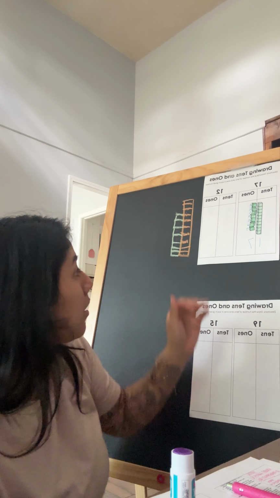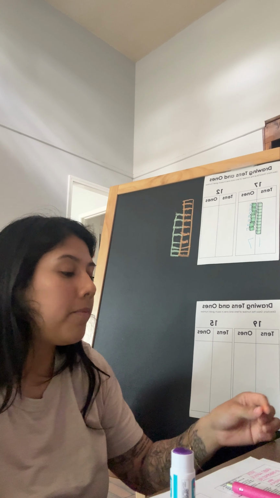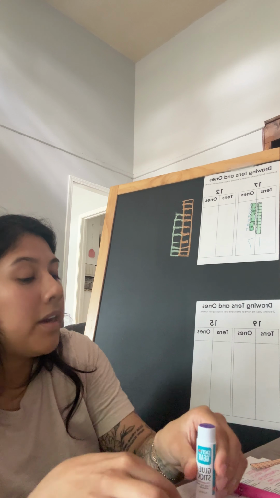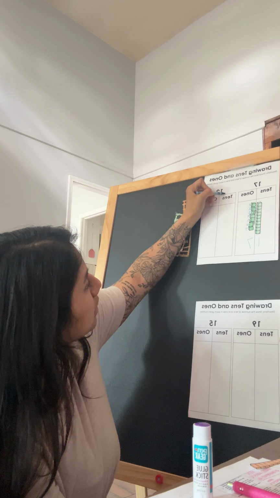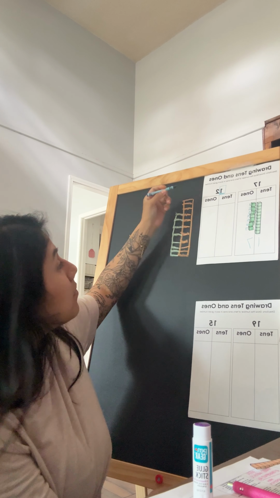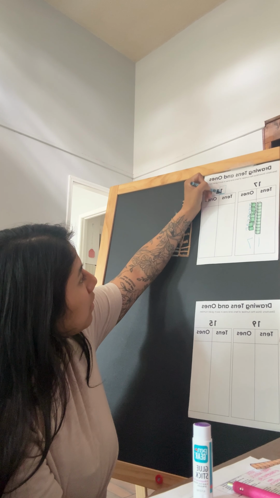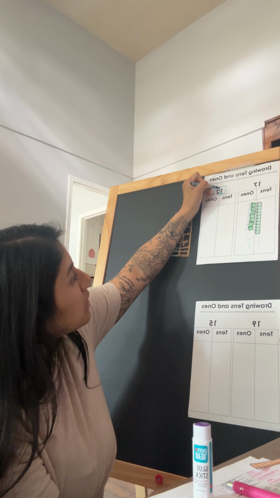Now, we're going to go on to our other number, which is 12. Students can see how many digits are over here in the tens place, and how many digits are here in the ones place.